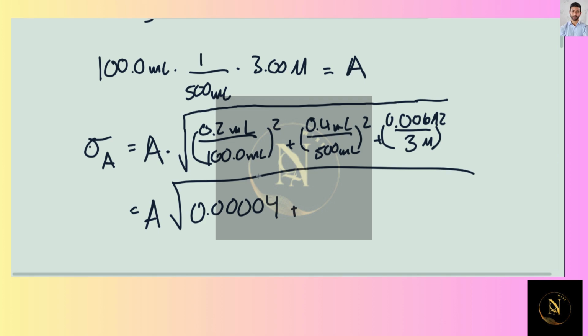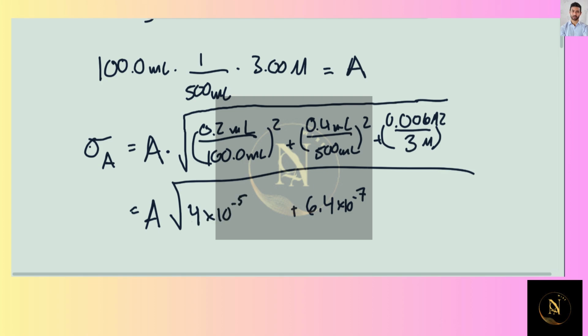Then we have 0.4 over 500, and I get 6.4 times 10 to the negative 7. Rewriting the first, that's 4 times 10 to the negative 5.